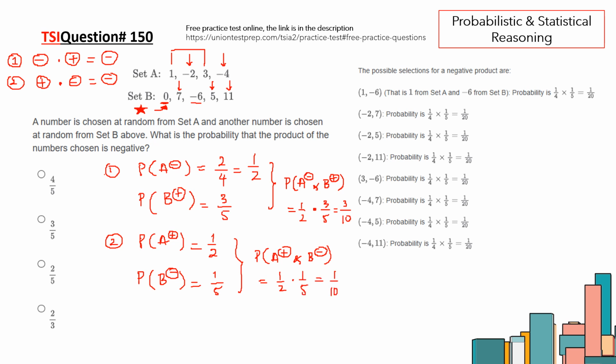Now case 1 and case 2 are mutually exclusive, so we add them up.